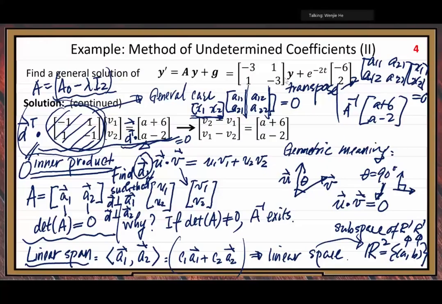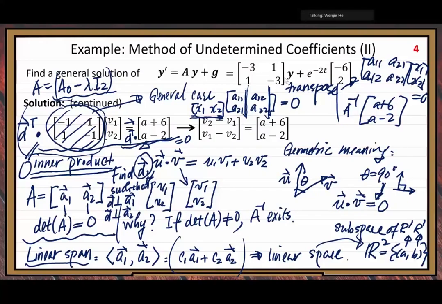For example, as I said, the geometric meaning of the inner product of 2 vectors. I give you 2 vectors. Then I ask you to find the angle between these 2 vectors. You can find a formula from the web, some formula for the angle.